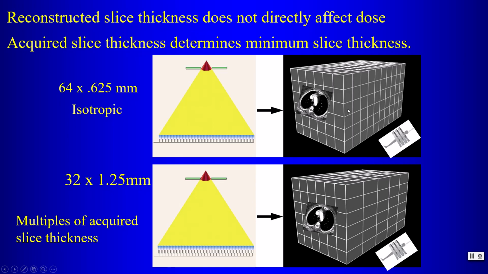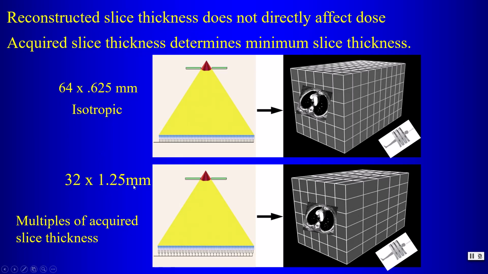When you have isotropic voxels, you can do coronal and sagittal reconstructions without any loss of resolution. If you don't have isotropic voxels, even though your axial images look pretty good, when you go to reconstruct your images in sagittal and coronal planes, you might get that kind of blockiness that we can see, especially if you try to reconstruct thick sections in axial or coronal planes.